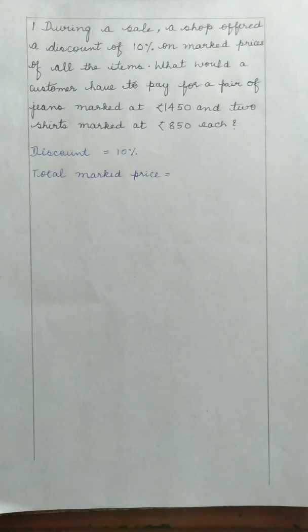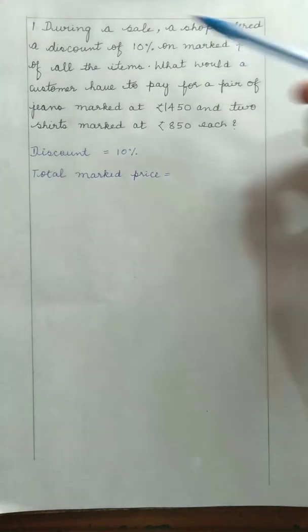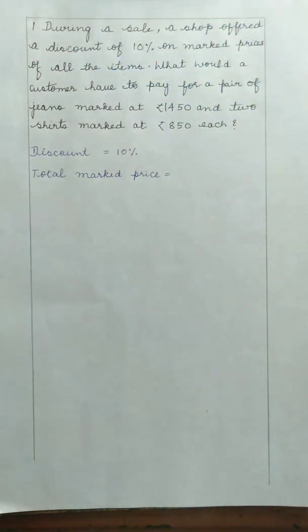The first question. During a sale, a shop offered a discount of 10% on marked prices of all the items. For all the items in the shop, the shop offered 10% discount on the marked price.